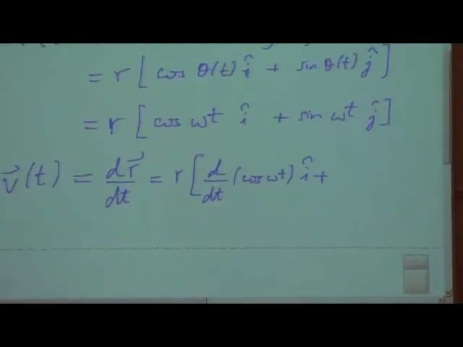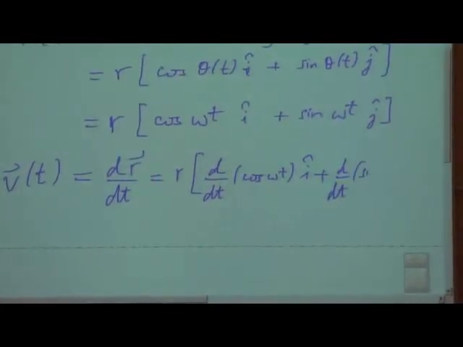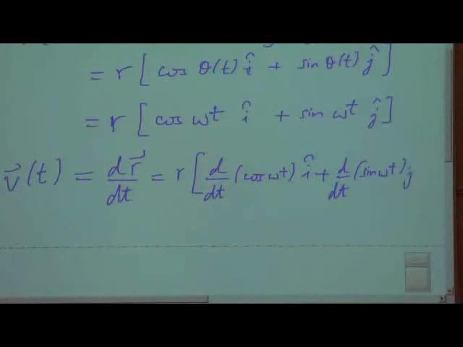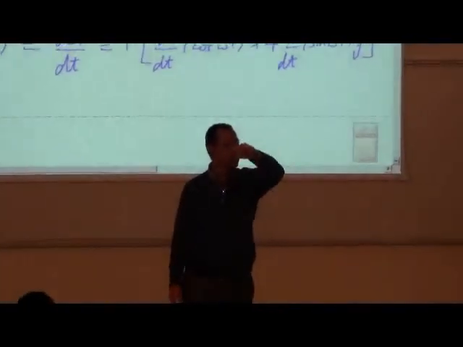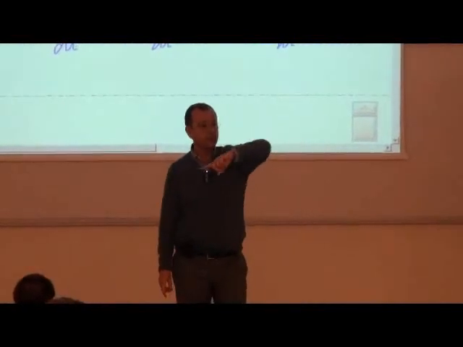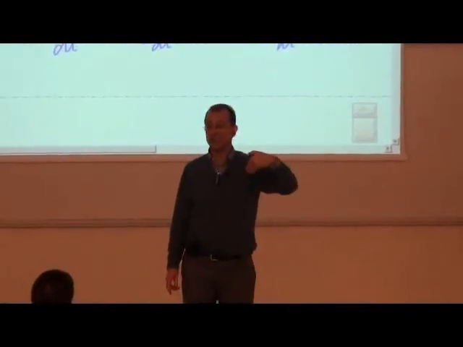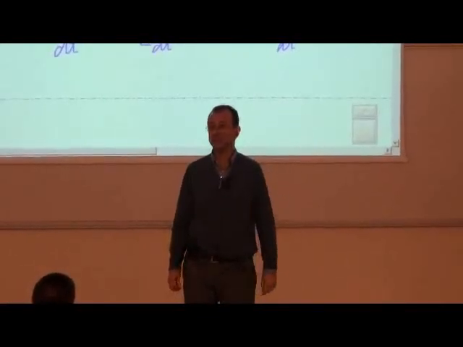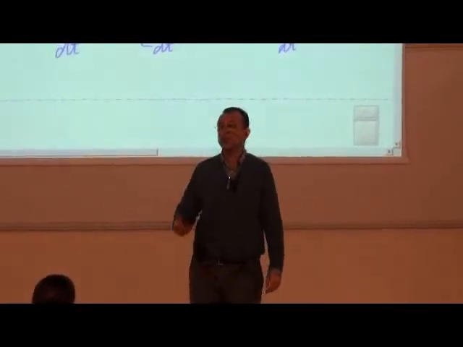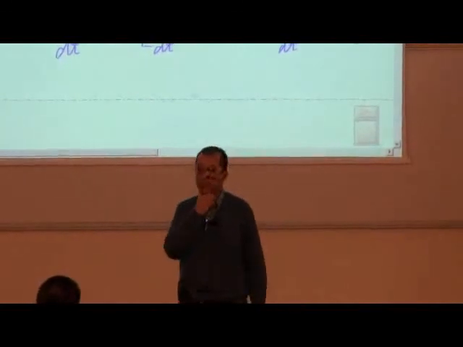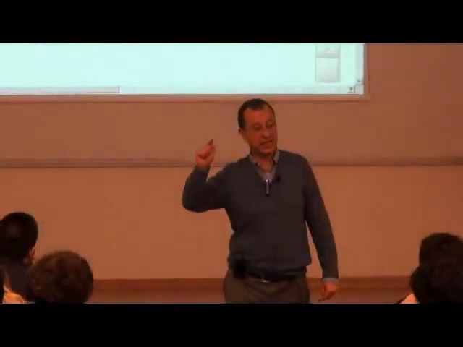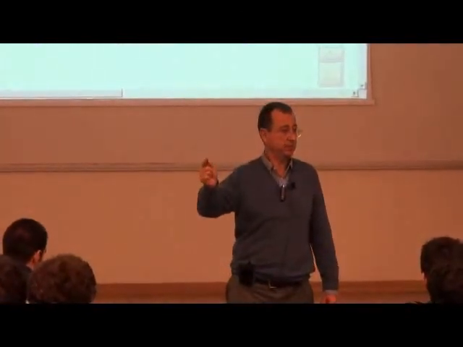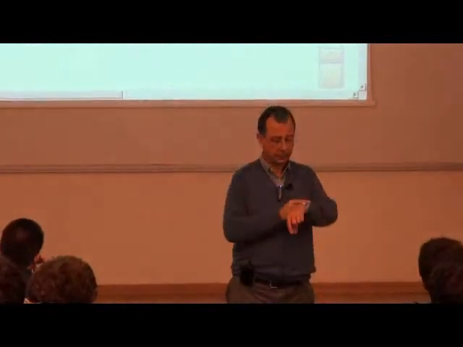Now here we have an expression for the position vector, both x and y, of an object doing uniform circular motion. I know the position as a function of time. If I know the position as a function of time, I can calculate the exact velocity as a function of time. Right? Let's do that.